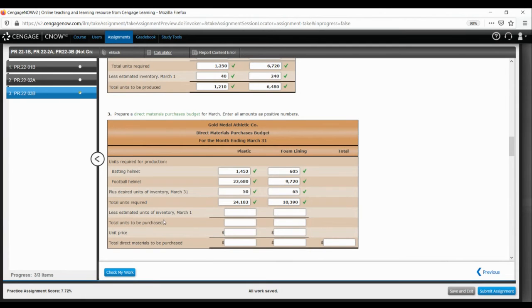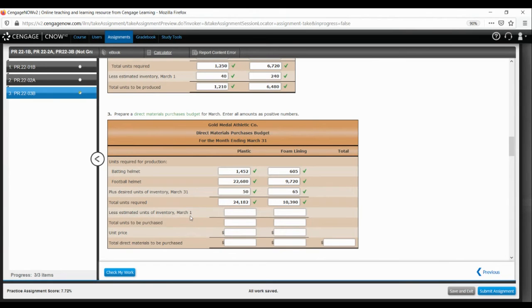The next part is to complete the estimated units of beginning inventory. We're going to subtract the beginning inventory units from the total units required to find the total units to be purchased.